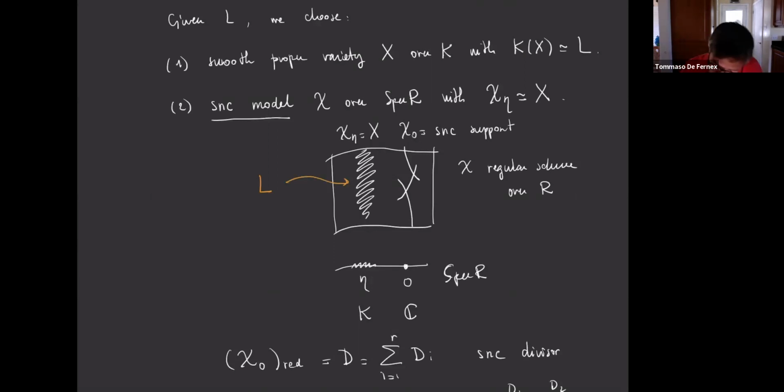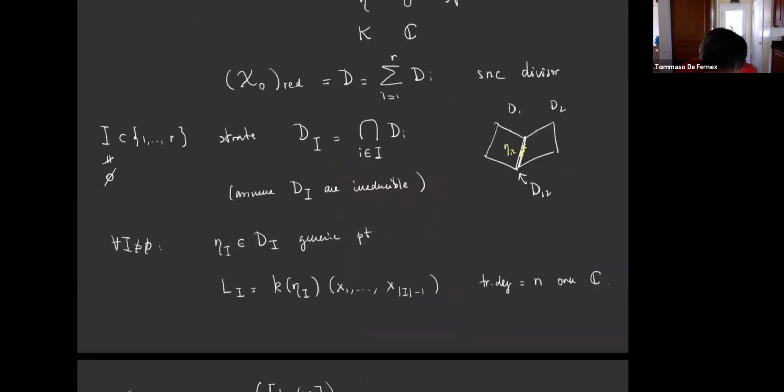And what we did, we made two choices. We first chose a smooth variety X which has this function field, so we make it into a geometric object. And then we chose a simple normal crossing model containing that as a generic fiber. And now we are looking at the special fiber of the simple normal crossing model. And now we're using those choices to define the map.